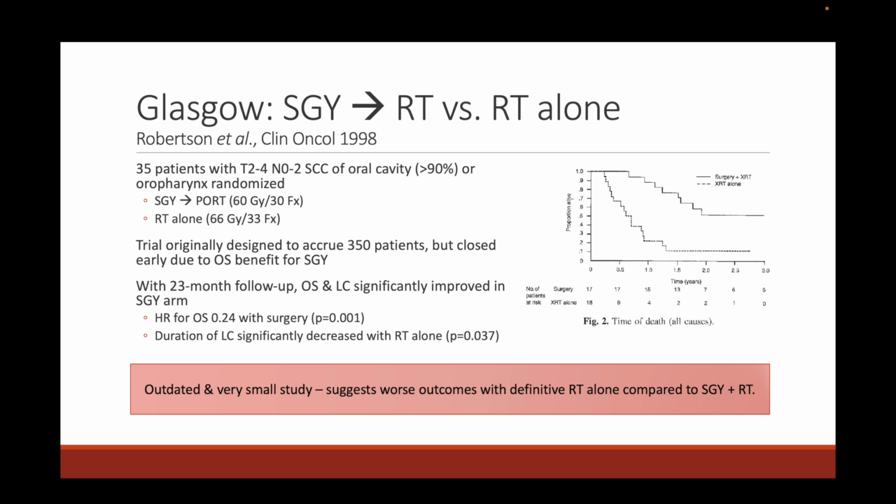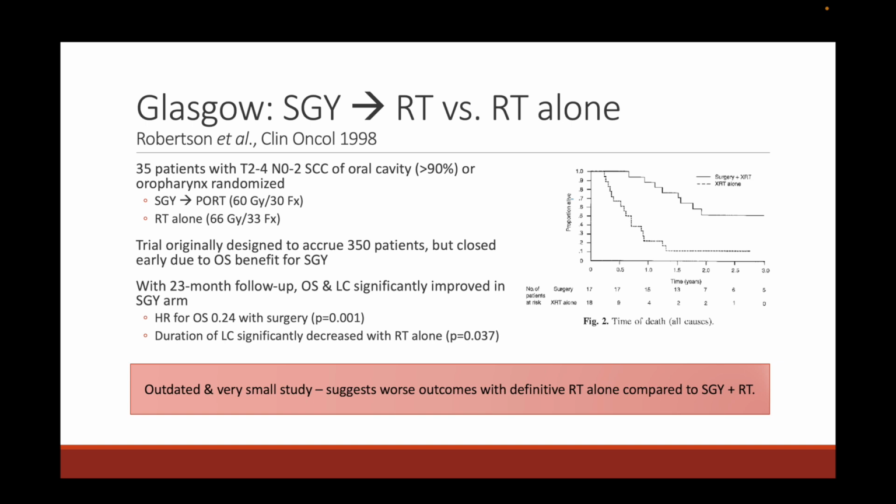At 23 months follow-up, they found that both overall survival and local control were significantly improved with the surgery arm. You can see the hazard ratio for overall survival was 0.24 with surgery, and the great difference in the survival curves shown in that Kaplan-Meier curve. There was also improved local control with surgery compared to radiation alone.